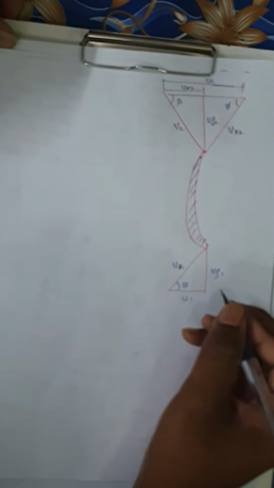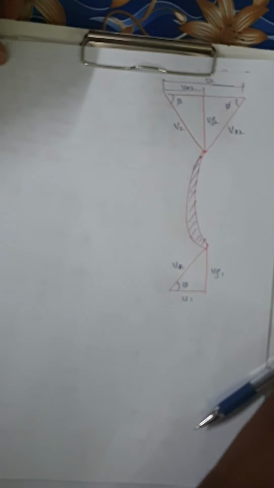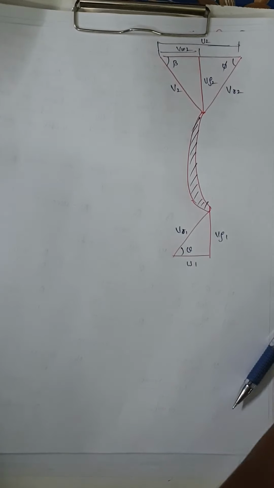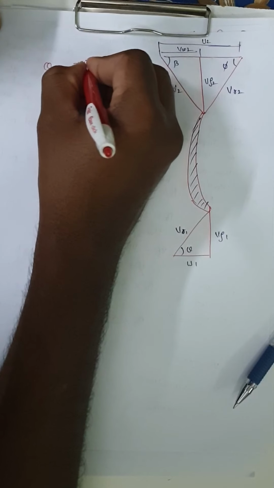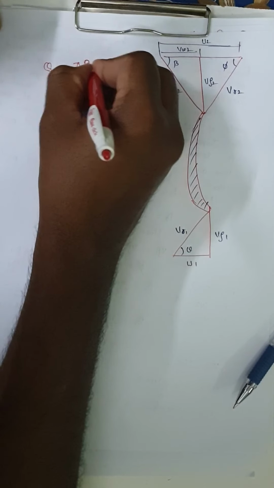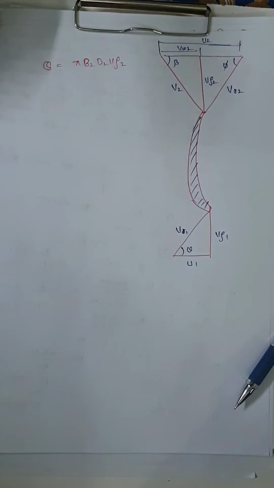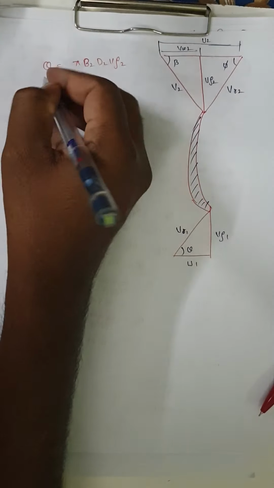Here this one is given, and as you can see in the question, discharge you can easily find out. Discharge is equal to, what is the formula, pi B2 D2 Vf2. This is the formula for discharge. Everything is available, so better to find out the discharge.